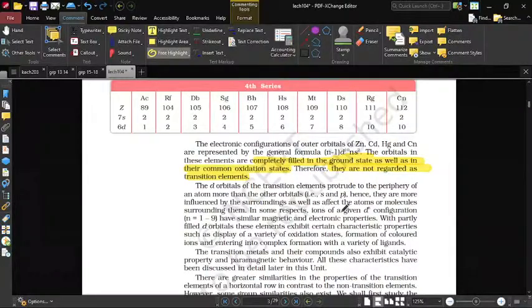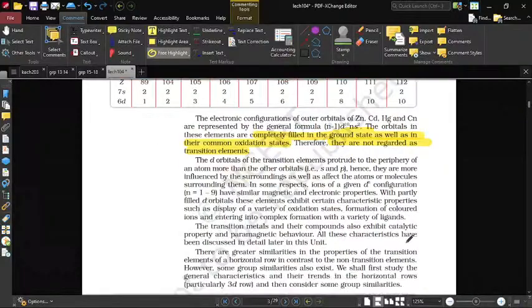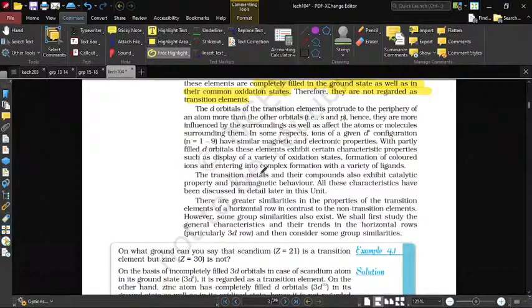In some respects, ions of a given d configuration, 1 to 9, have similar magnetic and electronic properties. With partly filled d orbitals, these elements exhibit certain characteristic properties, such as display of a variety of oxidation states, formation of colored ions, and entering into complex formation with a variety of ligands. The transition metals and their compounds also exhibit catalytic properties and paramagnetic behavior.